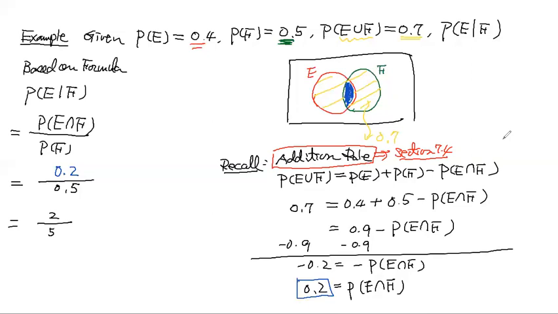All right, so now in the last section we had the addition rule and the complement rule. In this section, we're going to talk about what we call the product rule.